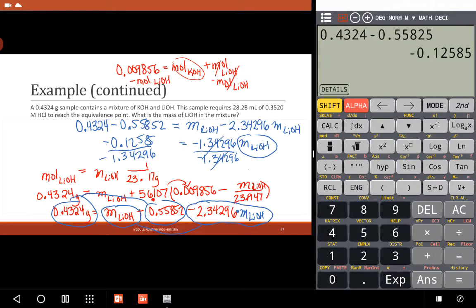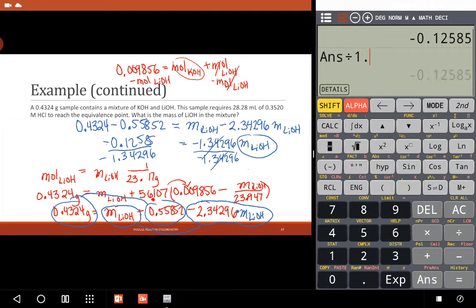Okay, so got that number, and now I can divide. If you don't communicate with your calculator, you get weird results. There we go.